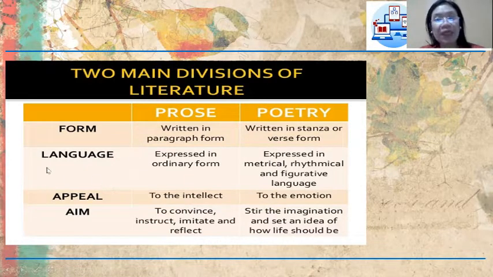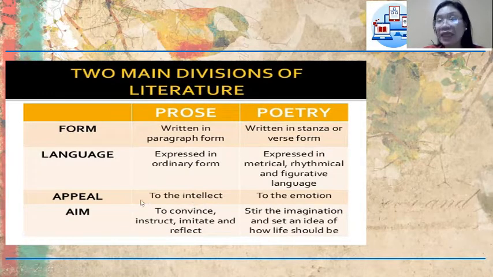So in terms of appeal, prose appeals more to the intellect, or more of the mind, or more of thinking, whereas poetry appeals more to the feelings and emotions. It appeals more to the heart of both the writer and the readers. Now, in terms of aim, prose aims to convince, to instruct, imitate, and reflect.